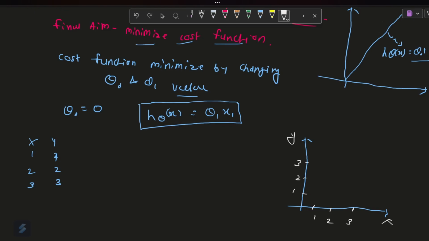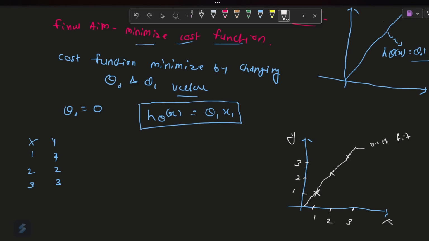This is your best fit line that we create according to that data set.